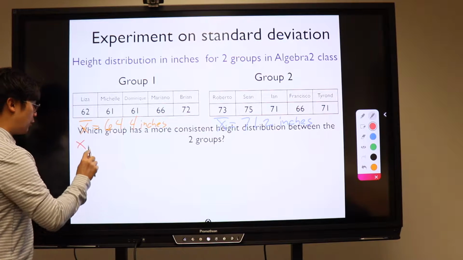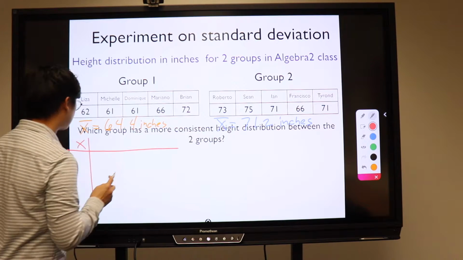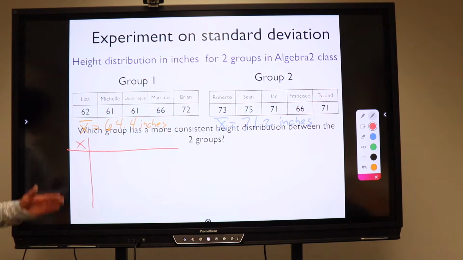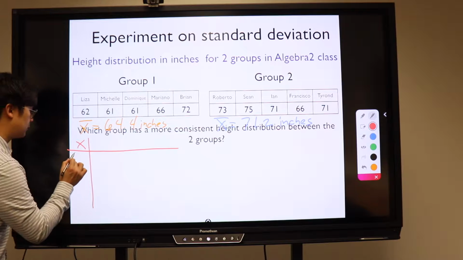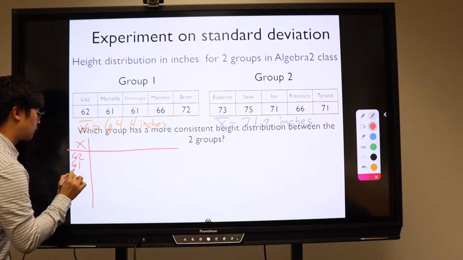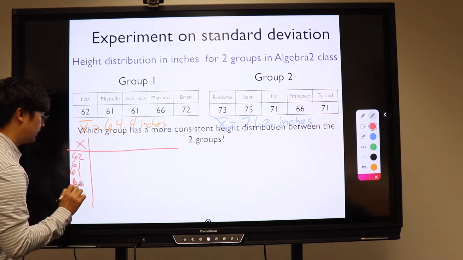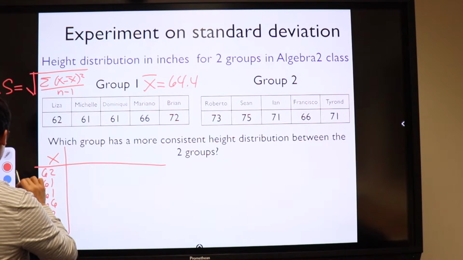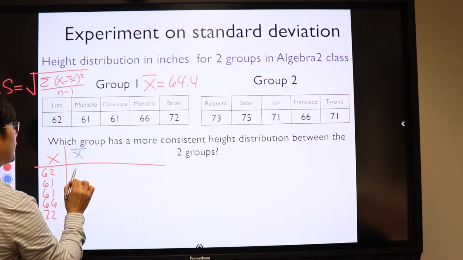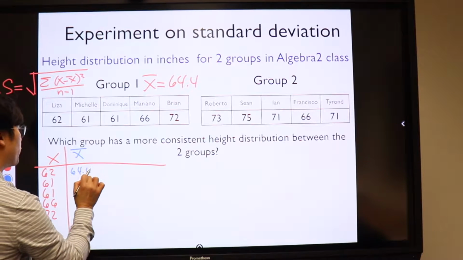We need to produce our x's. What will be my first column in my standard deviation computation? 62, 61, 61, 66, and 72. And then the mean is the same, 64.4.